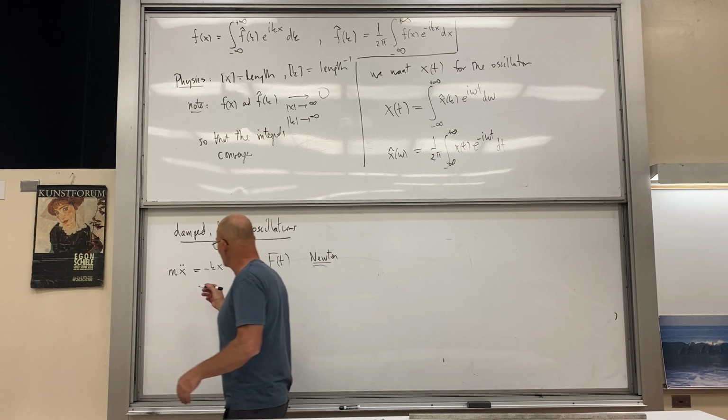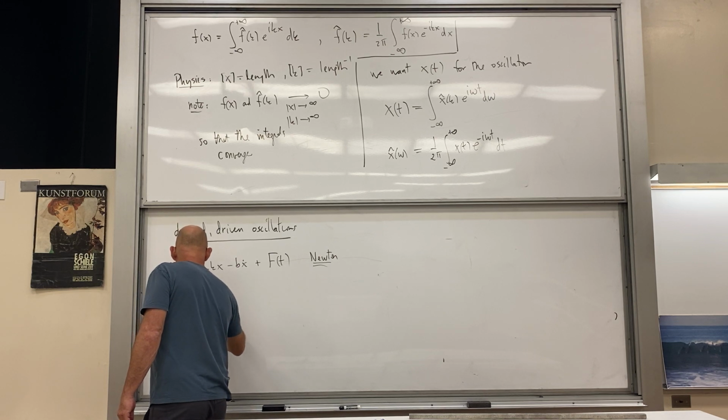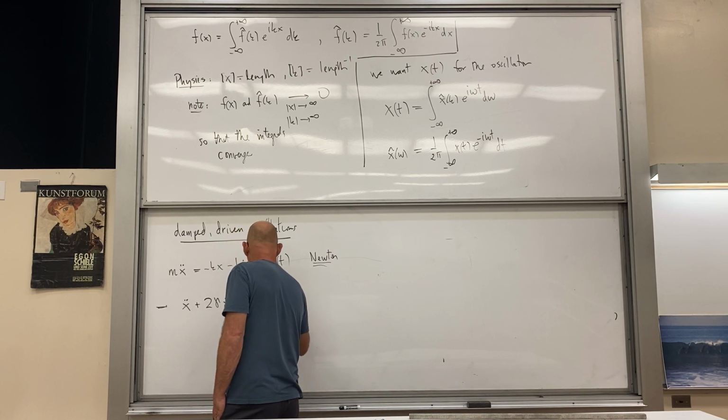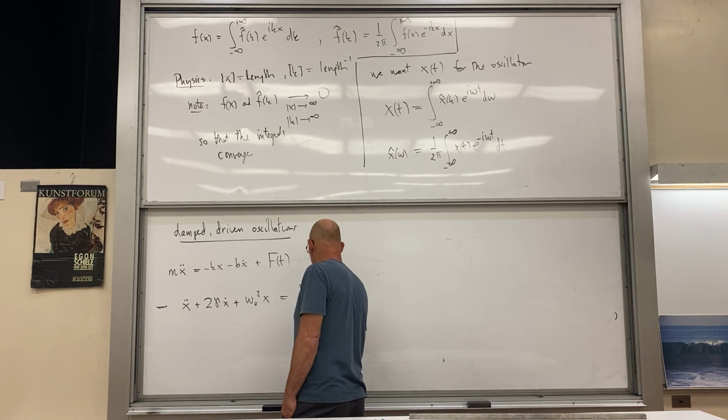And what we did was we turned it into the second derivative plus 2 gamma first derivative plus omega naught squared x equals driving force over m.